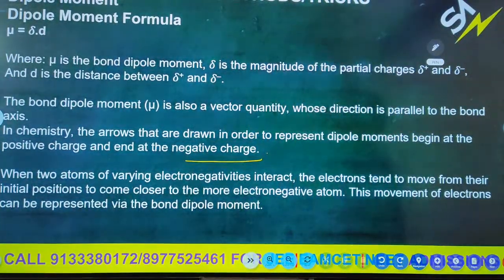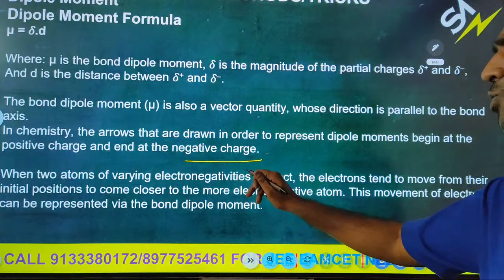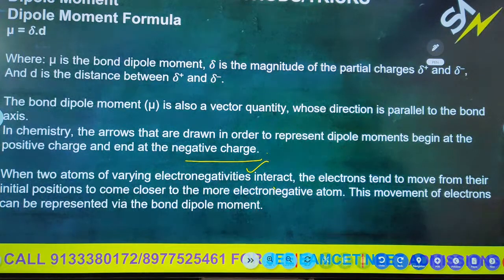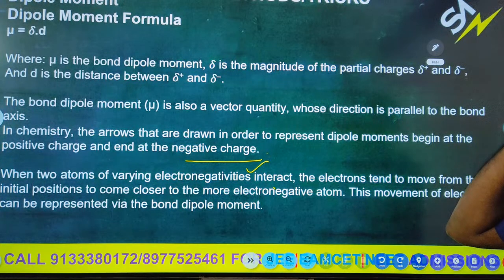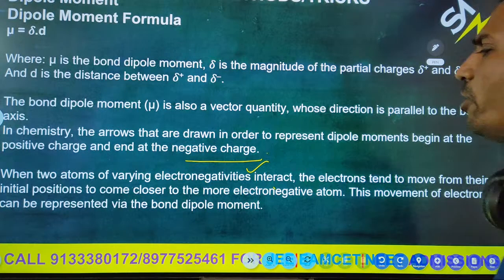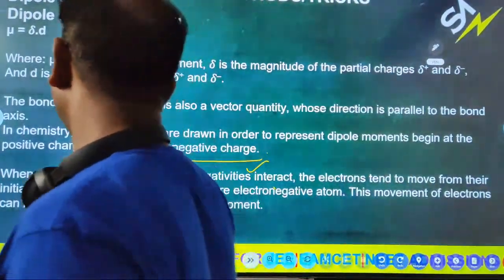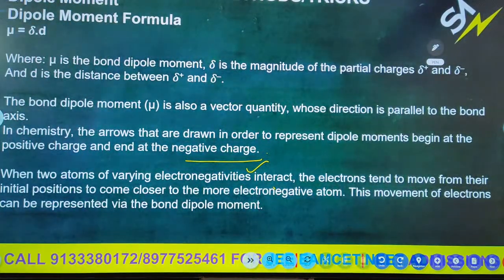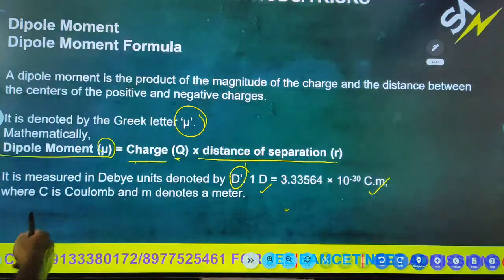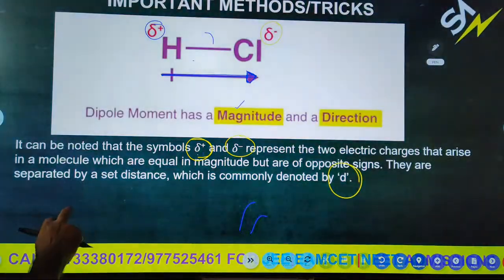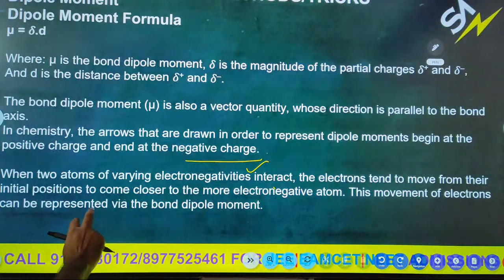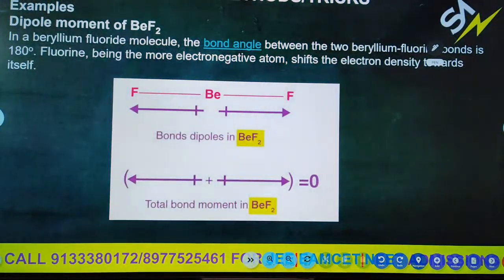When two atoms are different, then only electronegativity interaction takes place. Electrons tend to move from their initial positions to come closer to the more electronegative atom, due to electronegativity. This movement of electrons can be represented via the bond dipole moment. We represented this already here, and the same thing we are learning again.